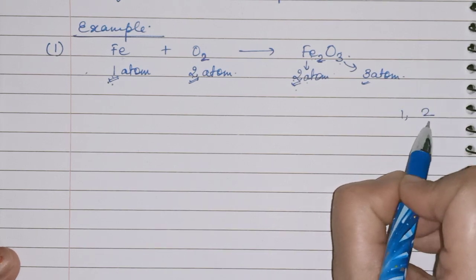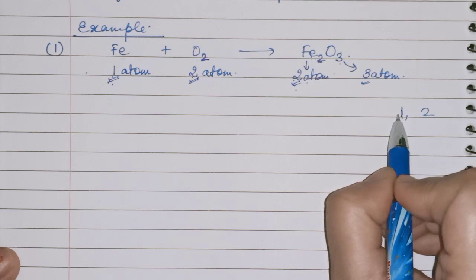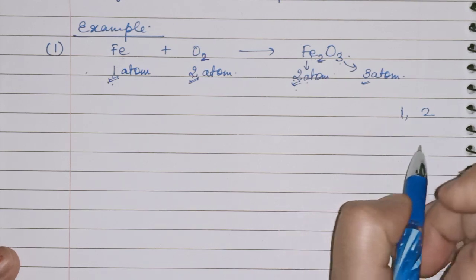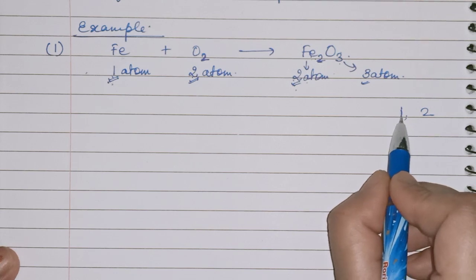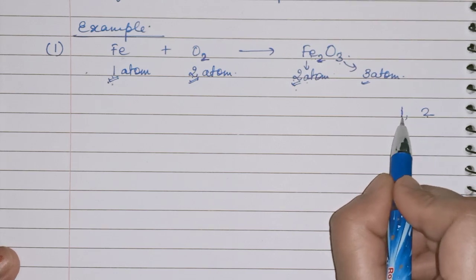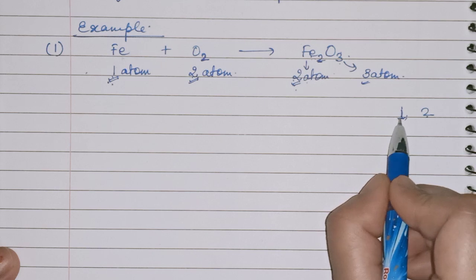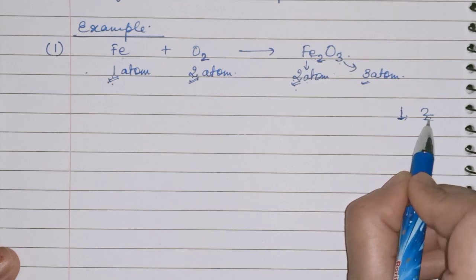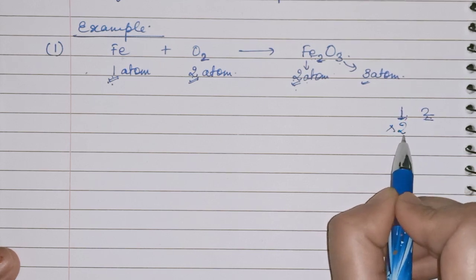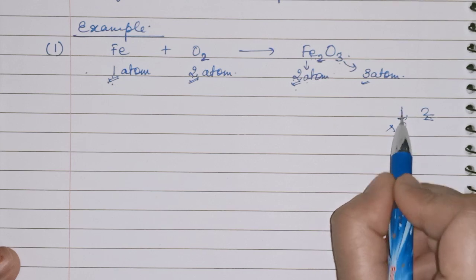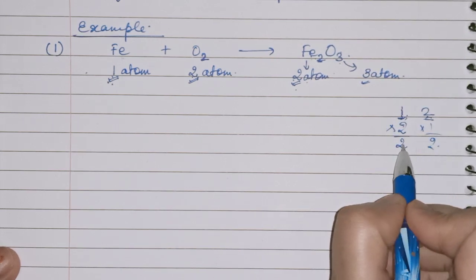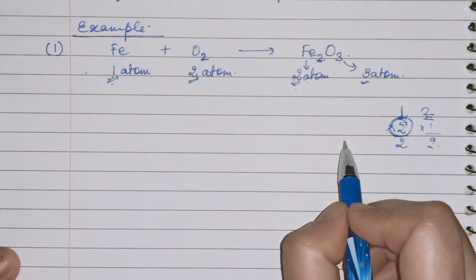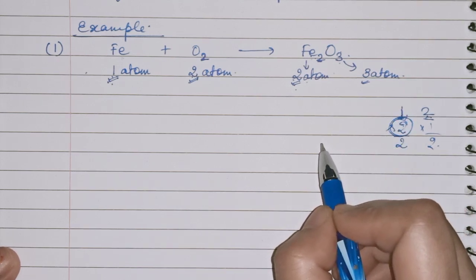This is the hit and trial method, children. So you have to use your mind here. You can easily say that I will take 2. So 1 into 2 is 2, and here 1 into 2 is 2. So whatever number you are taking, you will put it as a coefficient.